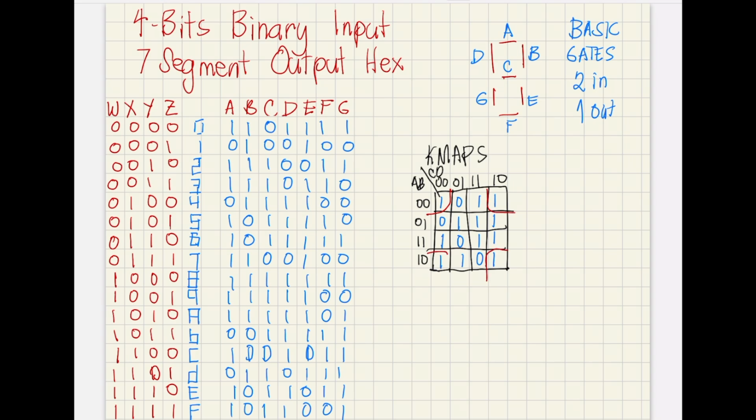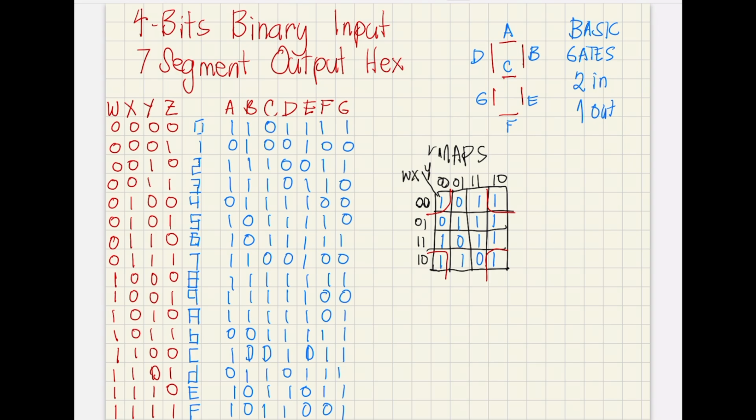I circled here the groupings that we're going to use. Remember, in KMAP, we need to simplify them, we need to group them, so that you will arrive at the simplest equation.